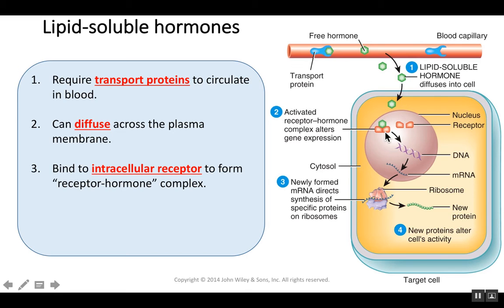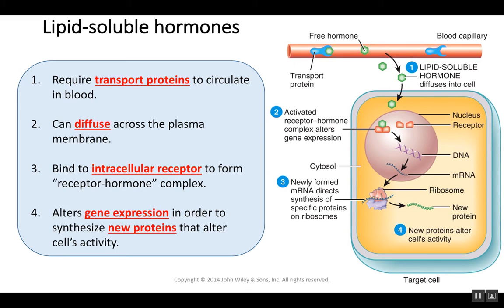Then, very importantly, it has to find particular genes inside the DNA. So inside this nucleus, there's going to be DNA found in chromosomes, and certain genes are going to have the ability to be altered by this hormone receptor complex.